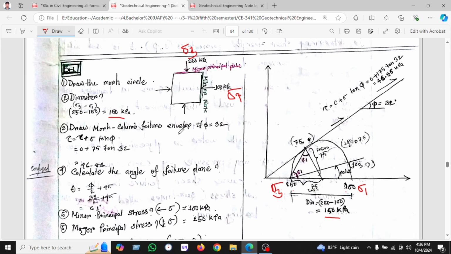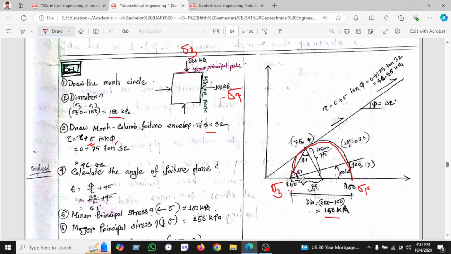Another: draw the Mohr-Coulomb failure circle when phi equals 32 degrees. We know the angle, but we have to calculate the sigma, which is 75. How do we get the 75? At first we draw the circle, then we put sigma 3, which is 100, here, and sigma 1, which is 250, here.